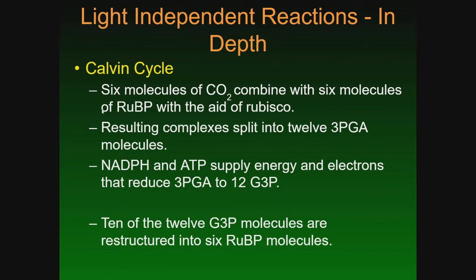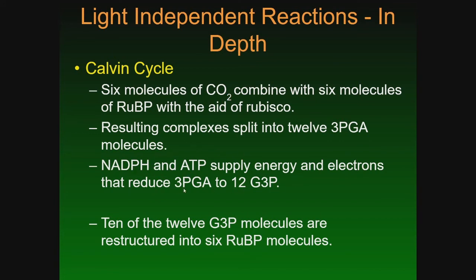So a little bit more in depth. As I just said, it's not actually done with 1, it's done with 6 molecules of CO2, 6 molecules of RuBP, again with the aid of Rubisco, ribulose 1,5-bisphosphate carboxylase oxygenase. The resulting complex is split into 12 3-PGAs. We use NADPH and ATP to supply the energy.